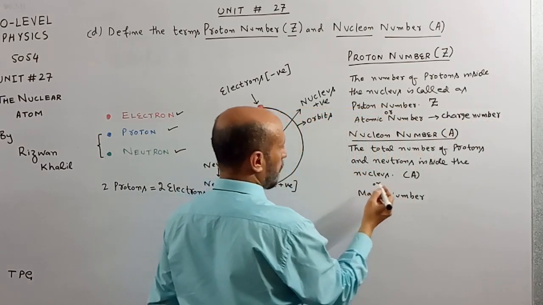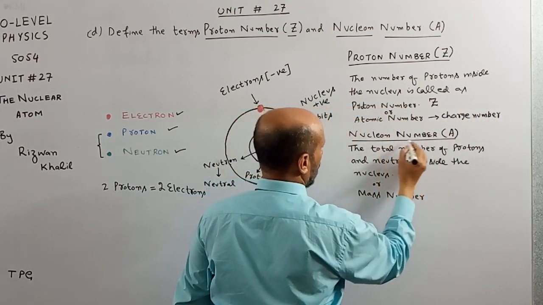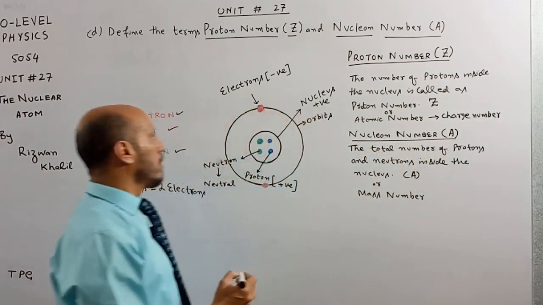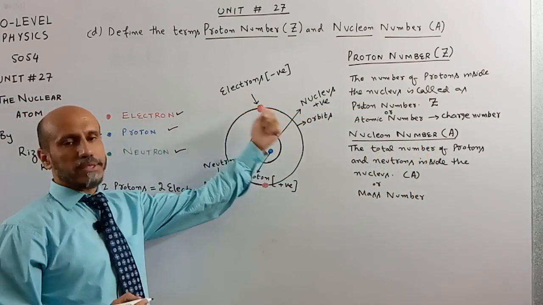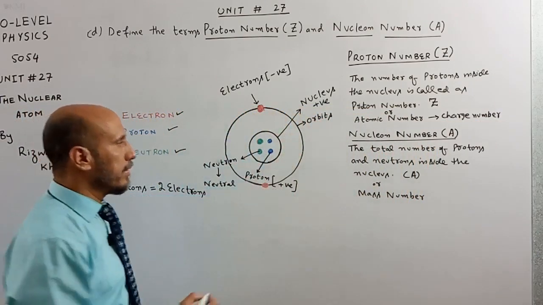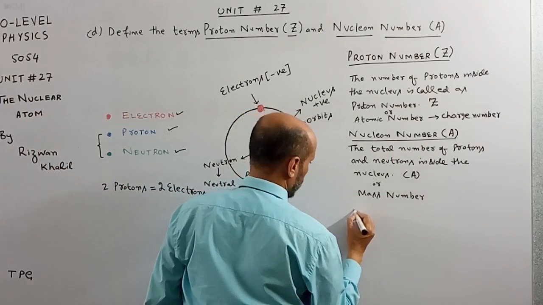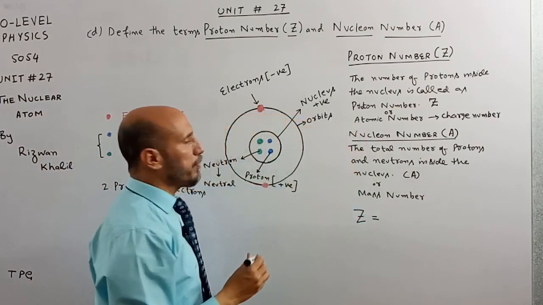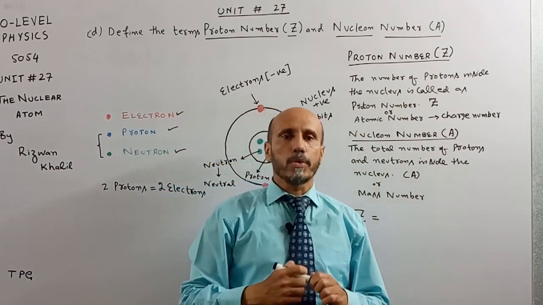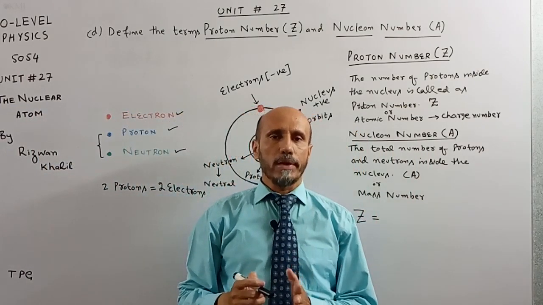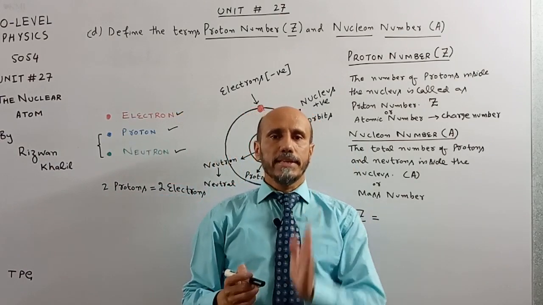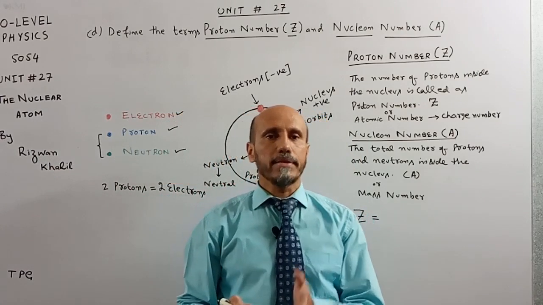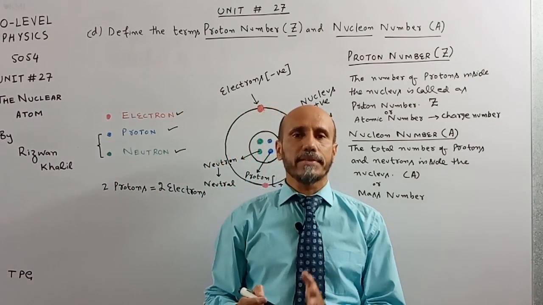The alternate name of nucleon number is mass number. So if we consider this example, the value of Z, what was the definition of proton number? The number of protons inside the nucleus. This term is compulsory whenever we define proton number, the number of protons inside the nucleus.